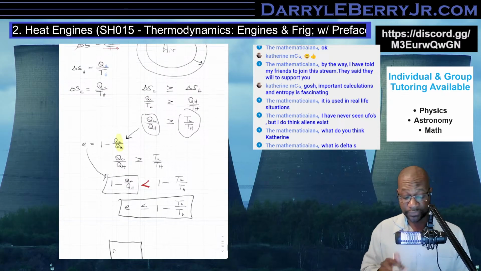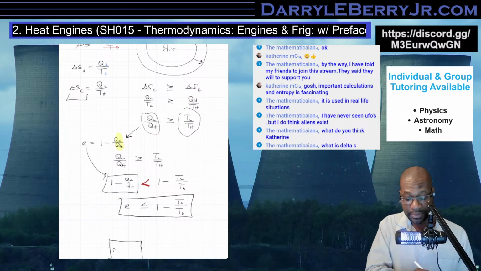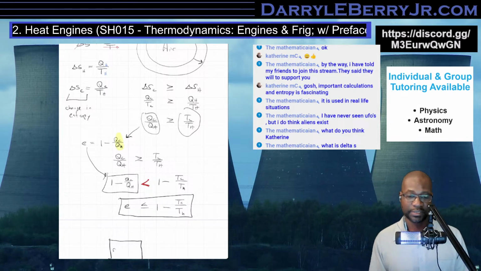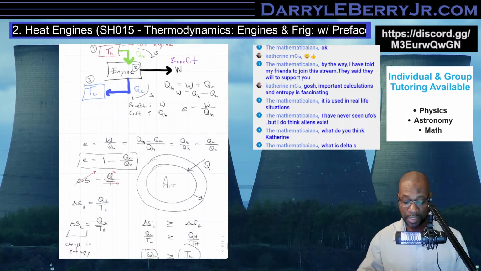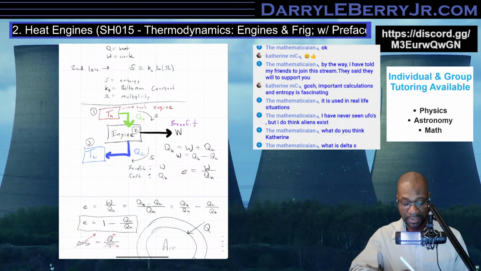Delta S. So delta S is change in entropy. So this is basically a measure of, so basically if you have a system, in this case, we're talking about a system of hot energy here, high energy here, and low energy here.